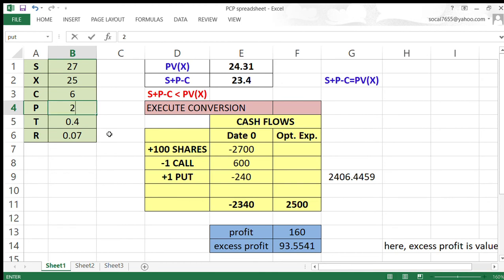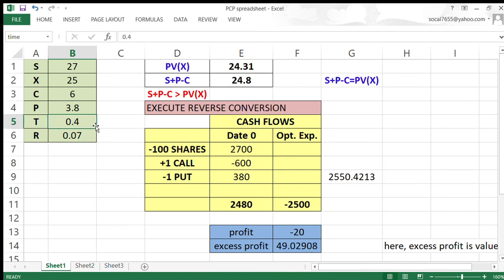Okay, so we'll go back to 2.10. Okay, and now let's just pretend the price of the put is 380. Okay, 380. Well, that's not right. If right implies having an equilibrium, put call parity holds, because now S plus P minus C is greater than the present value of the strike price. 2480 greater than 2431, and a reverse conversion is called for.